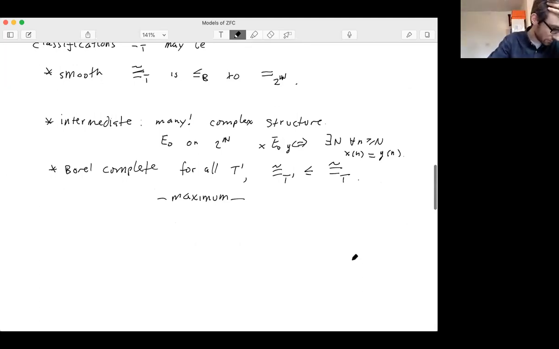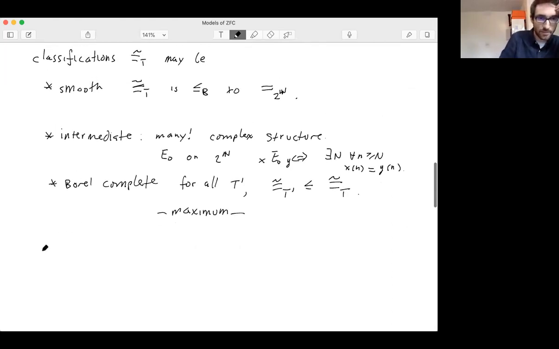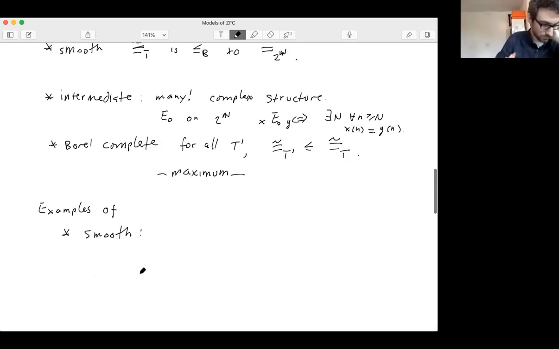We'll mention that one later. So just some examples of things that are Borel complete. Examples of, well, I guess I should do them all. Smooth. I always do the same example here.